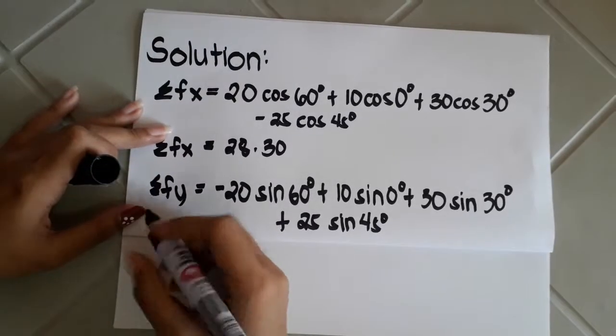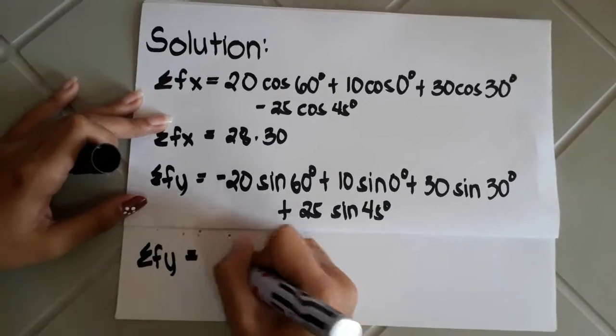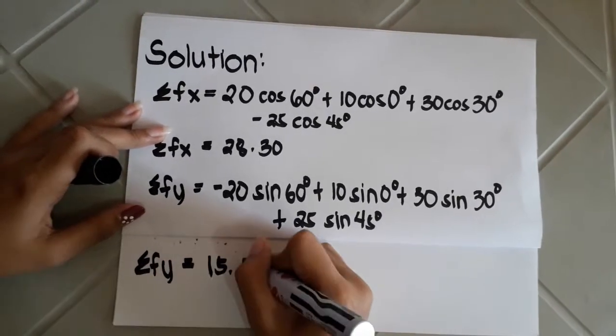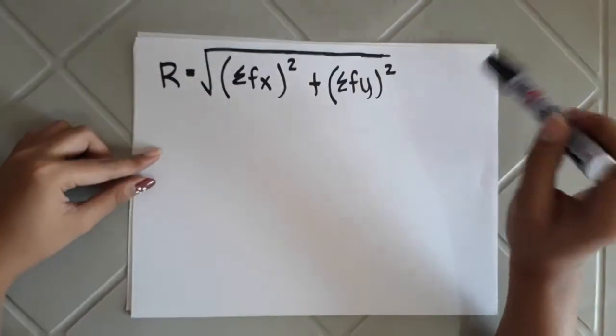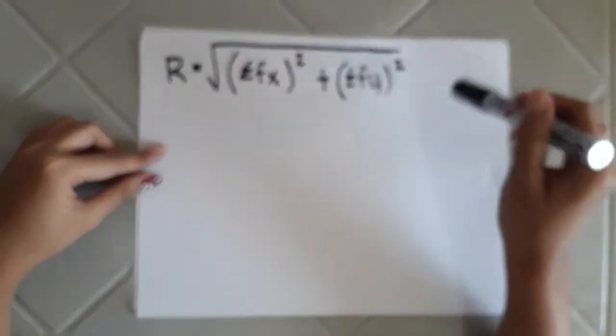The summation of F sub y is equal to 15.36.